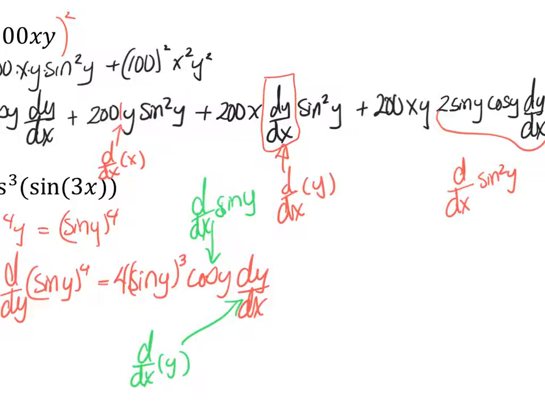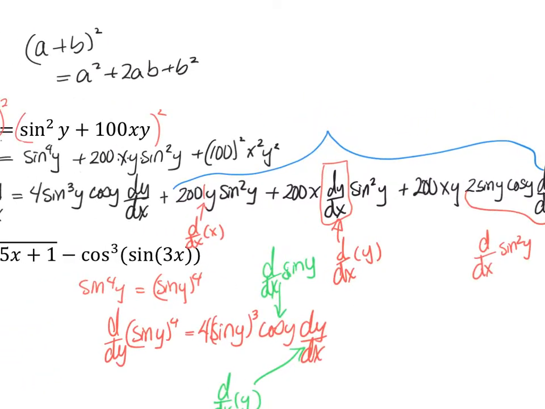So all of this that I just did, all 3 of these pieces, is just the derivative with respect to x of 200 xy sine squared y. All 3 of those pieces is just that. We're not done yet. Okay. The fun and joy does not end here.